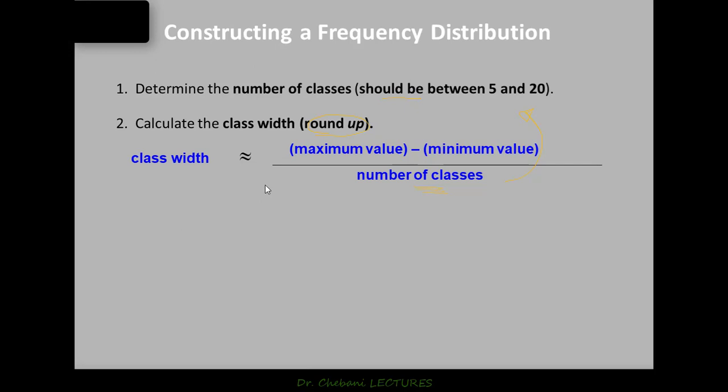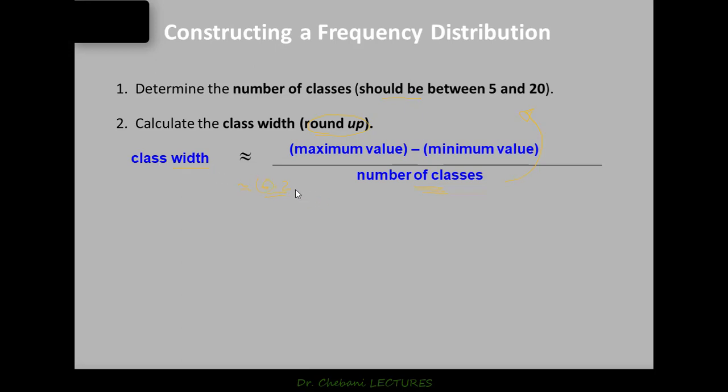So whatever number you get, let's suppose you get something like 6.2, you round this up. This is counterintuitive because a number like 6.2 would, by the rules of mathematics, be rounded down to 6. But here we are dealing with the class width.